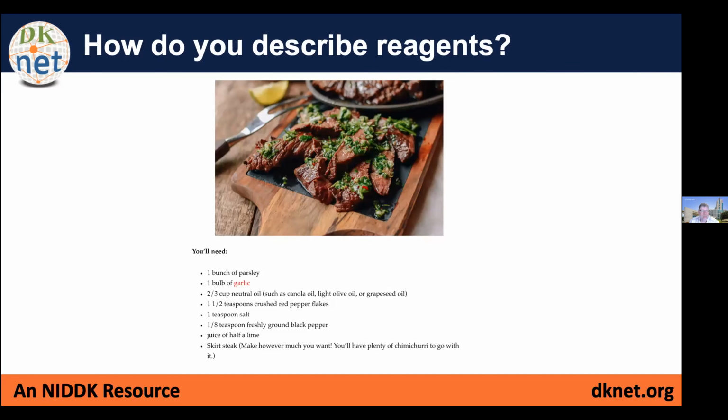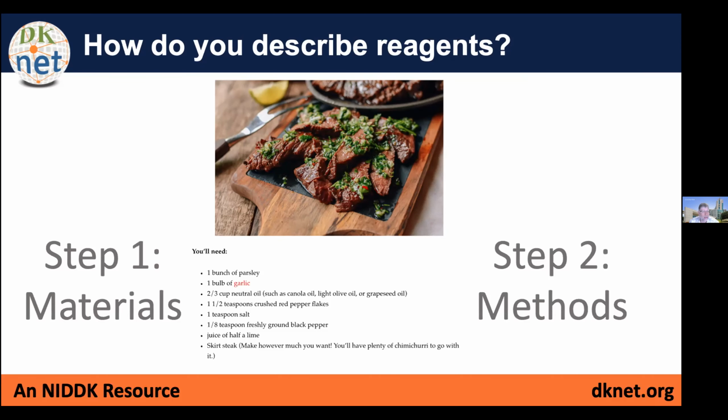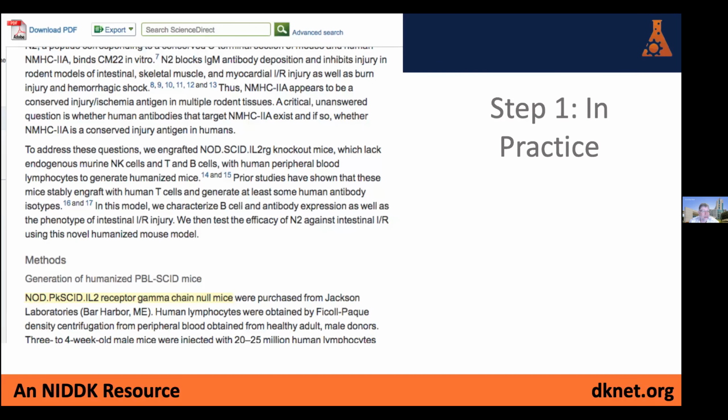So how do you describe your reagents? In research, you can look at it sort of like cooking, in the sense that you have step one, the materials that you need, and then the methods that you need to use to actually run your experiment. Now in the literature, what used to be a normal practice is that you would mention what you're using, for example here, a model organism, and then potentially where you got it from.